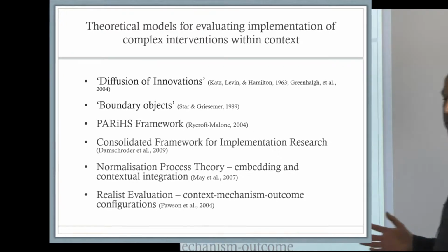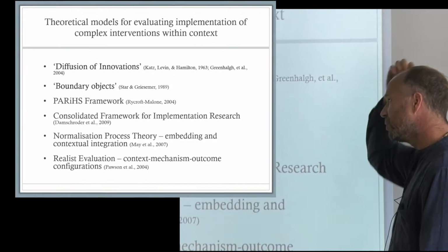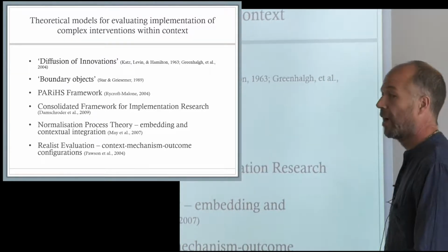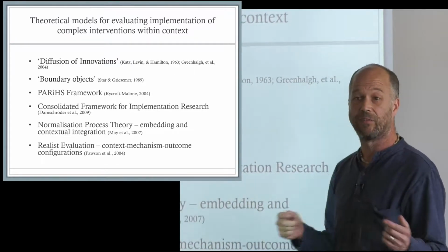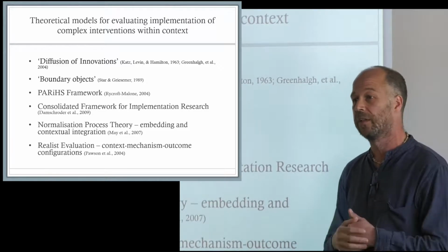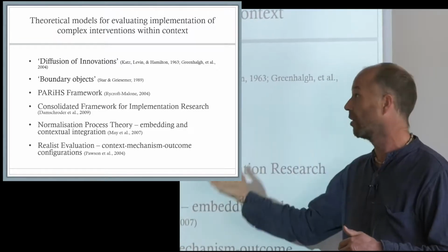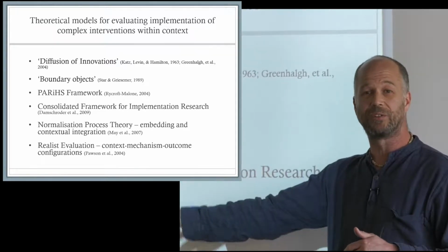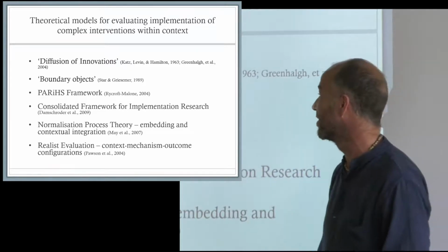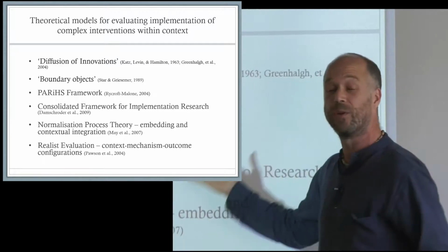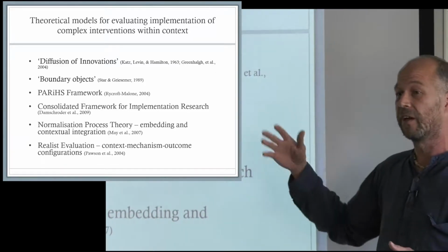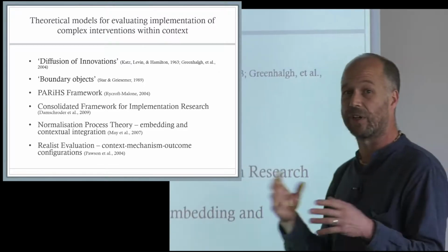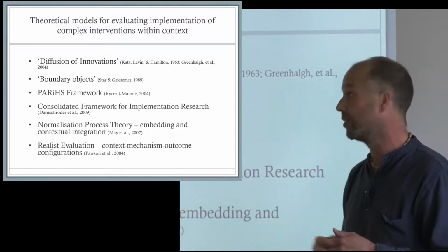Now sort of thinking about context, there's been a whole range of different models and theories about how you understand the relationship between context and intervention, and these have gone back quite a few years now, and there's still more models being introduced, something like 62 I heard last week, something like that. So these are just a few of them, and they all differ in their kind of focus and how they think you should structure context and define context perhaps.